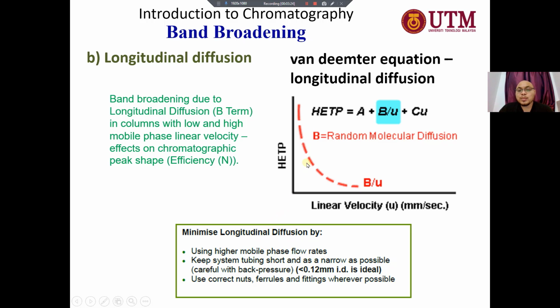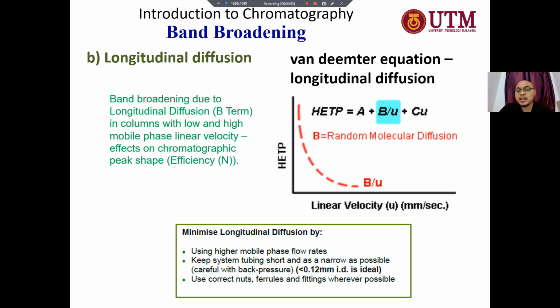If we look at the graph here, you can understand, or if we imagine the longitudinal diffusion effect, we can solve the problem. We know that as the flow rate is slower, it will cause the longitudinal diffusion to become worse. So we need to increase the speed. How can we increase the speed?